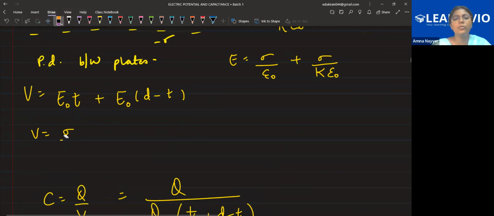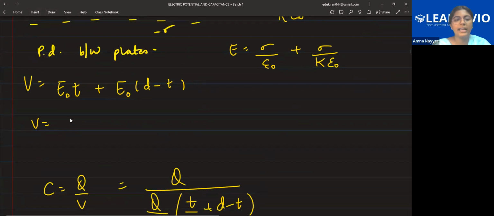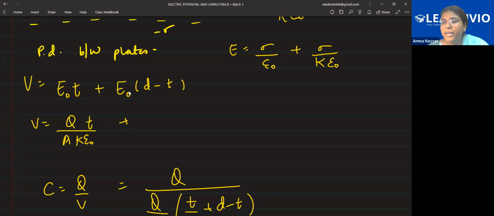Let's put directly Q by A. So this is sigma by K epsilon naught T, right? Sigma by K epsilon naught T plus electric field due to the air. This is just simply sigma by epsilon naught and no K over here. So D minus T.